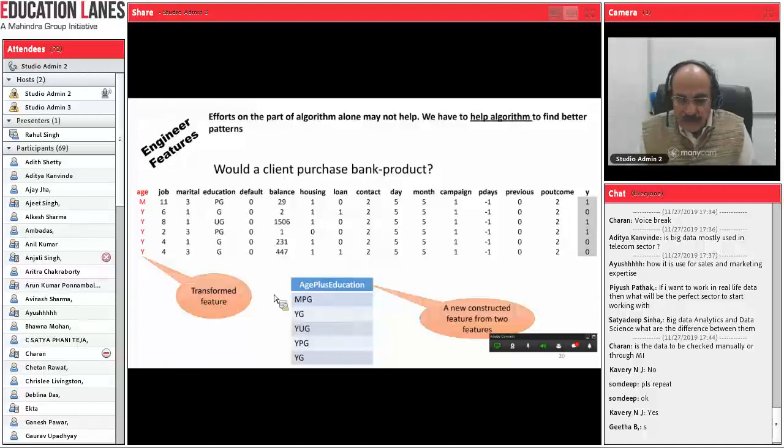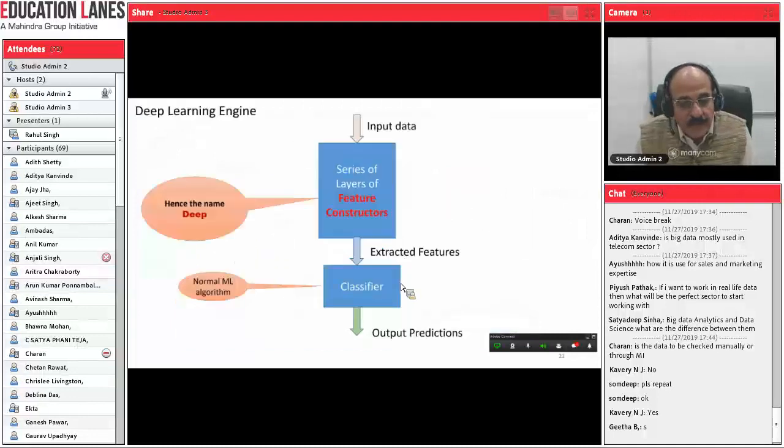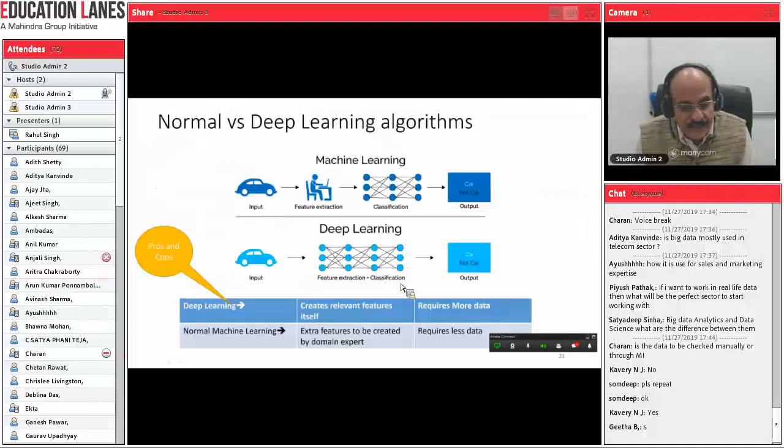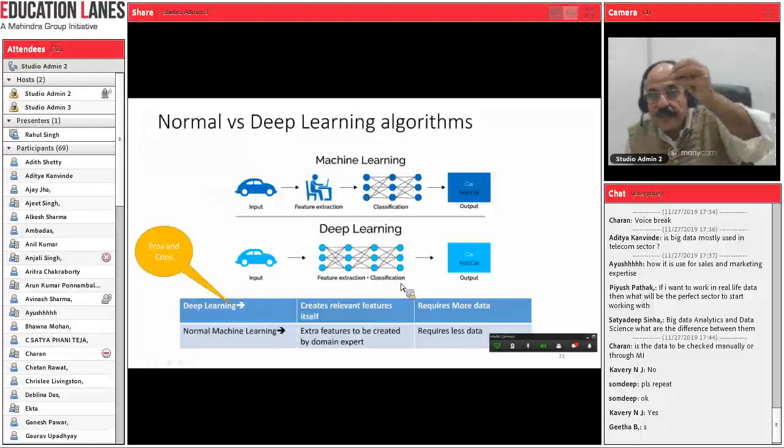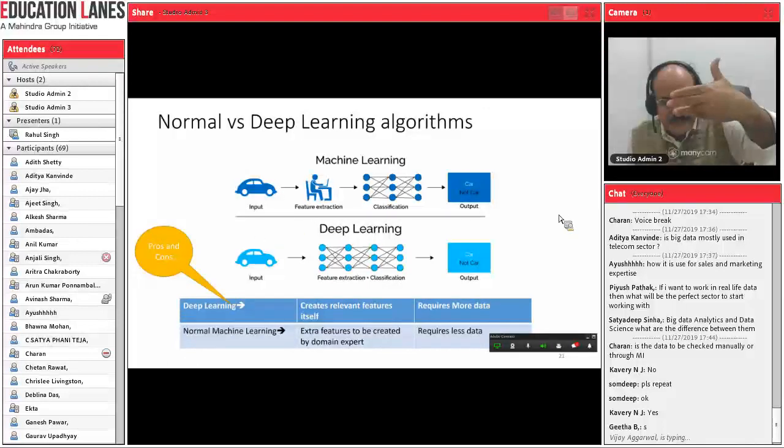Okay. Now, deep learning consists of a number of layers. Layer 1, layer 2, layer 3, layer 4, where data passes through, and new features are created as data passes through.